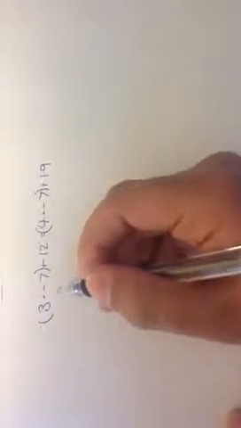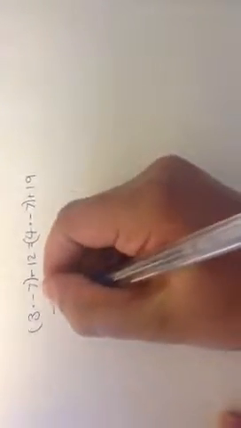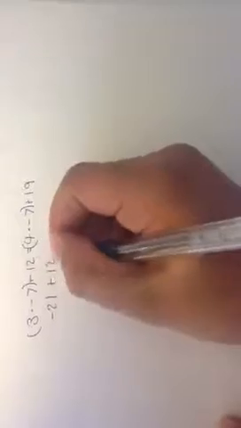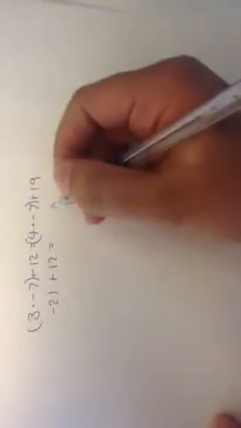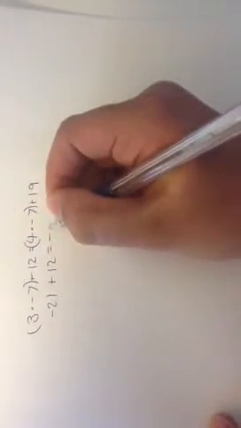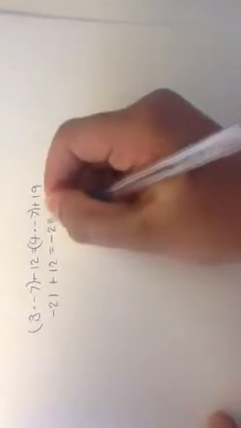So 3 times minus 7, that is minus 21, plus 12 equals 4 times minus 7, that is minus 28, plus 19.